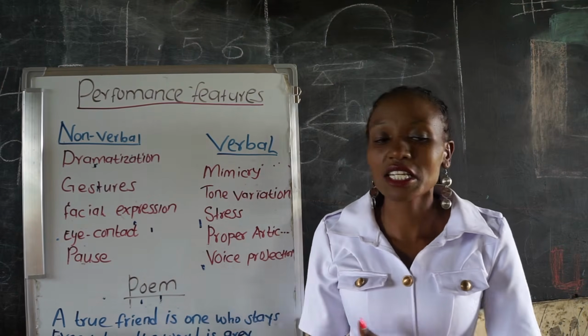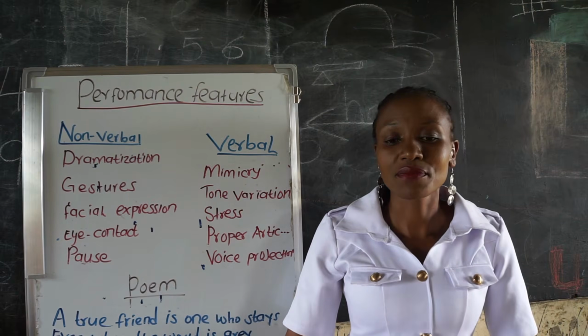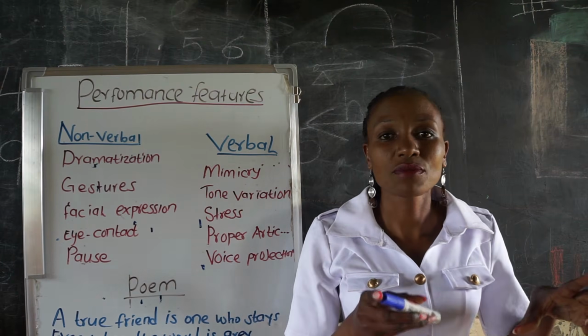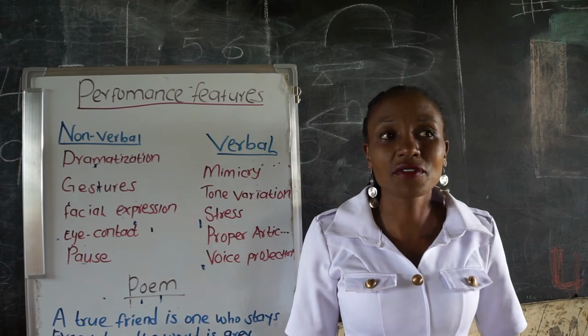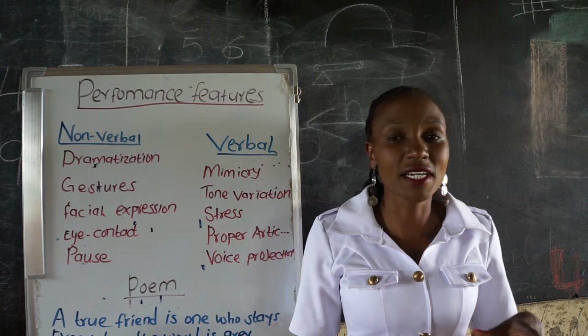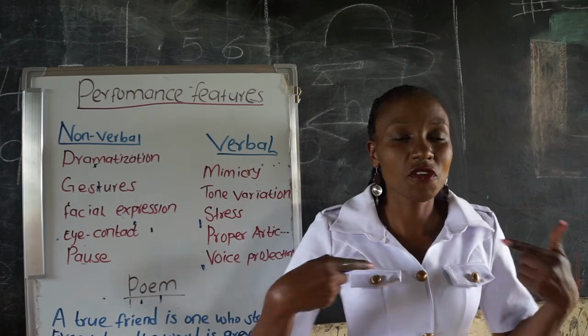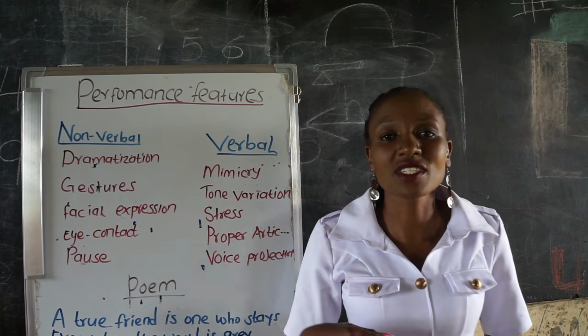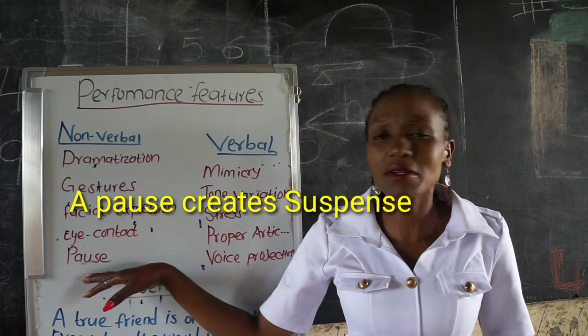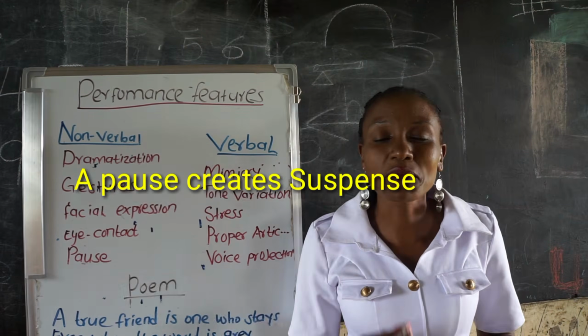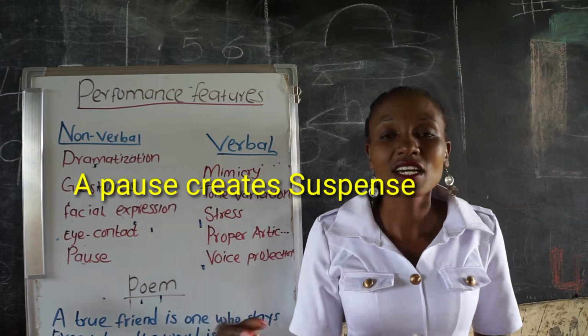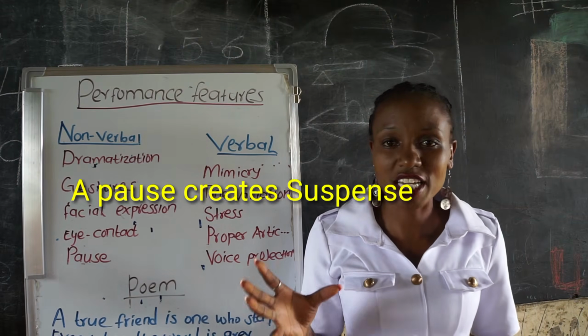This means you are narrating a poem and then all of a sudden you're quiet, like for 30 seconds, like for a minute. If you're quiet, we expect you to say something. It's called a pause, and some people call it a pregnant pause, because after the pause, we expect you to say something.